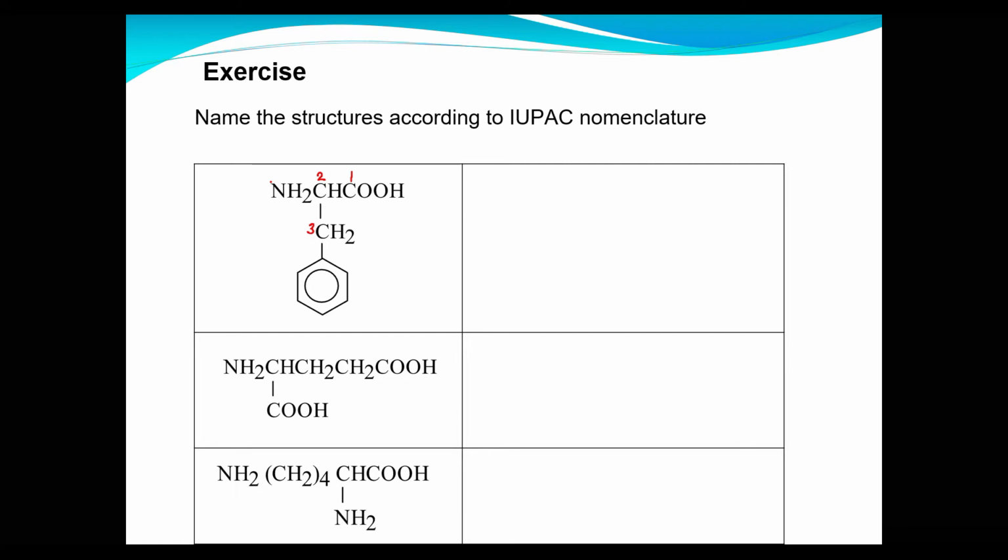So at carbon number 2 we have an amino group, and at carbon number 3 we have a phenyl group. So this is named as 2-amino-3-phenyl, with 3 carbons as the parent. So we will name it propanoic acid.